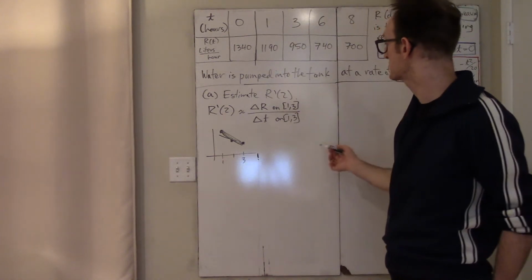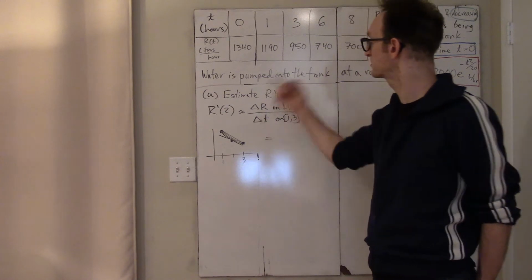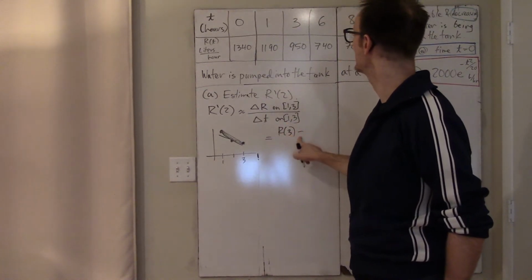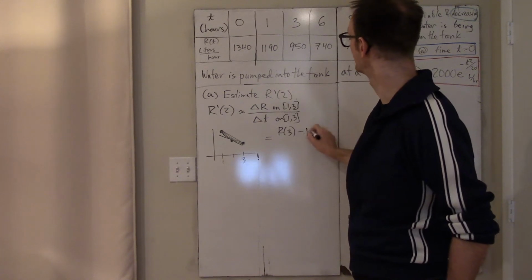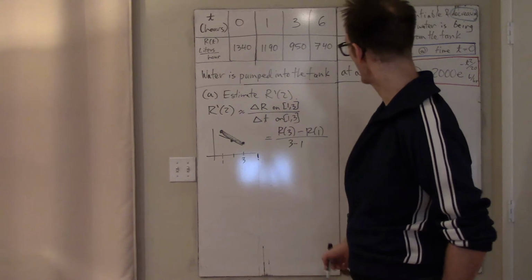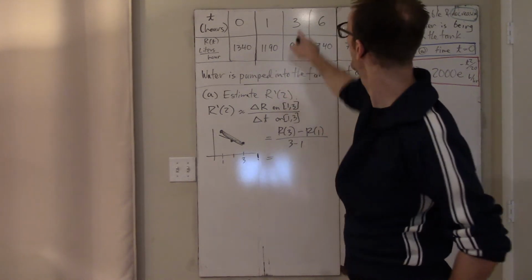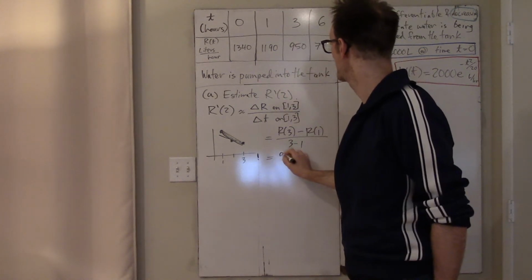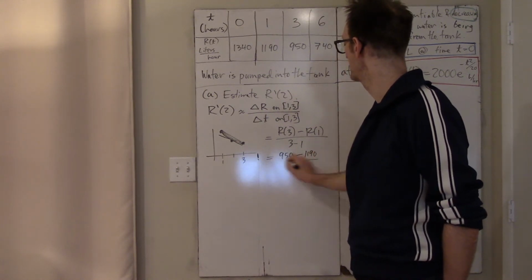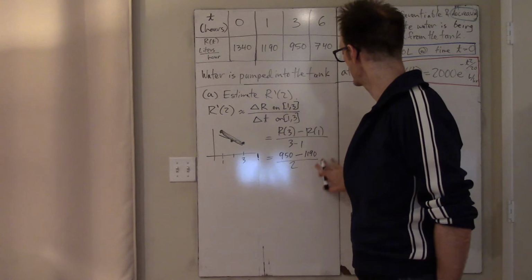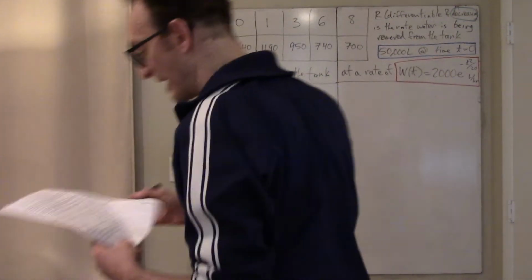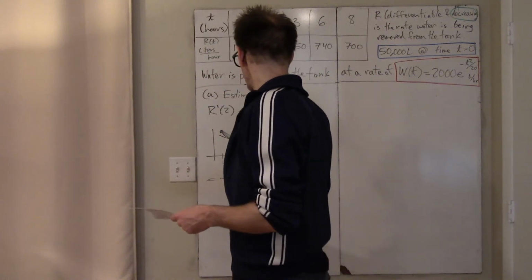Okay, and so now you're supposed to just do this computation. In other words, r of 3 minus r of 1 over 3 minus 1. Okay, and what is this? Well, r of 3 is 950, so that's 950 minus 1190 over 2, and when you do that, you get negative 120.